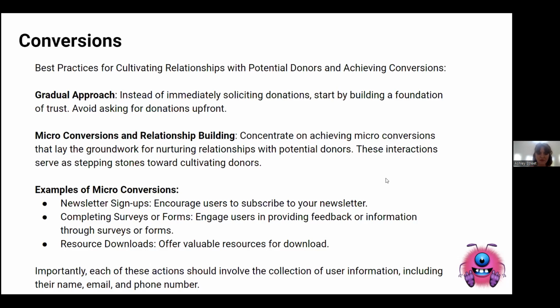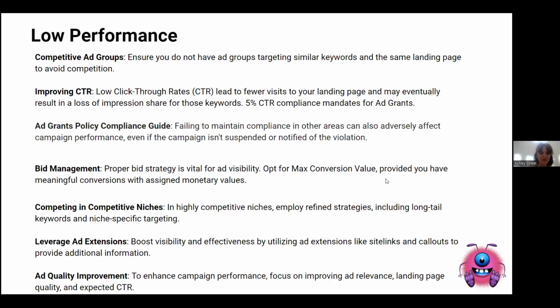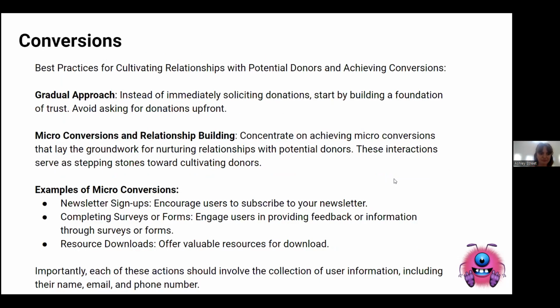And then, of course, resources and downloads. Offering valuable resources for downloads like we saw on St. Andrews Abbey. So if you have information that somebody could download, an example would be on Rank Monsters website.